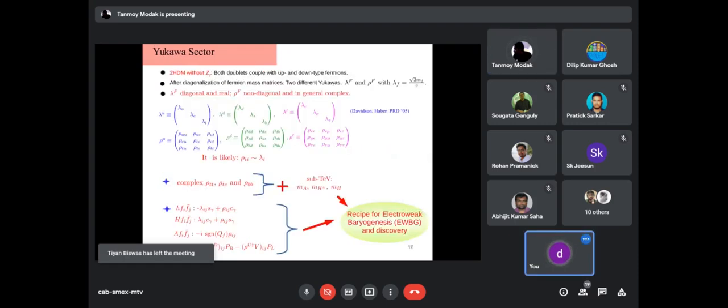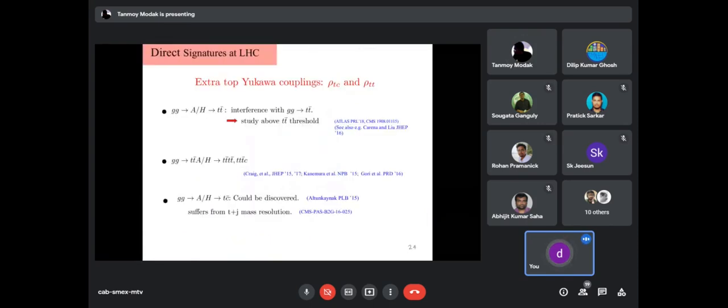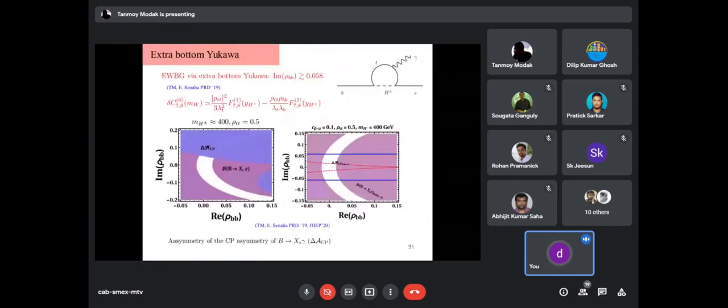The next question is, let's forget about the collider signatures and all the direct searches.